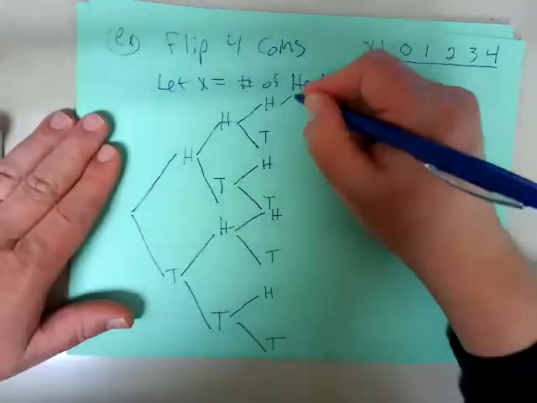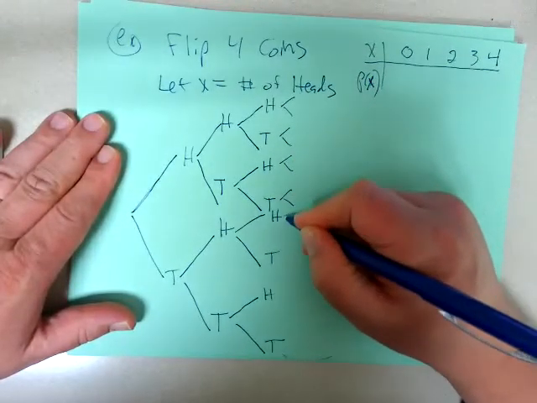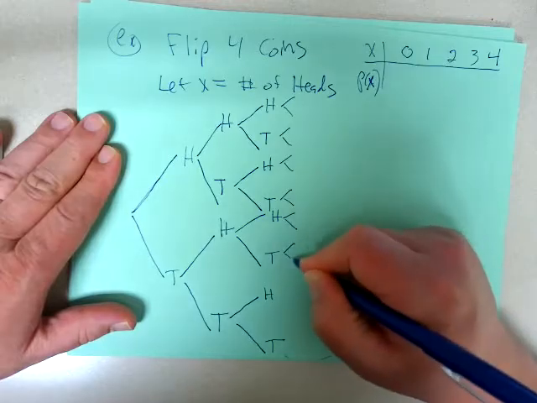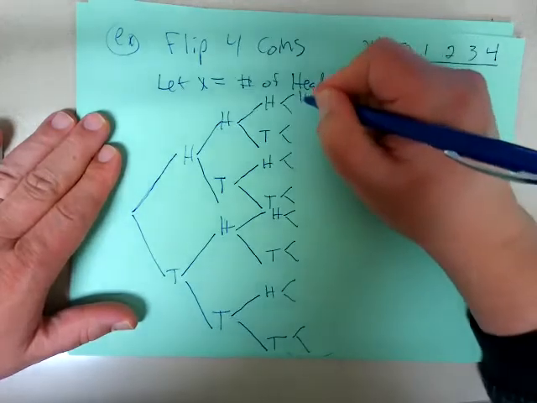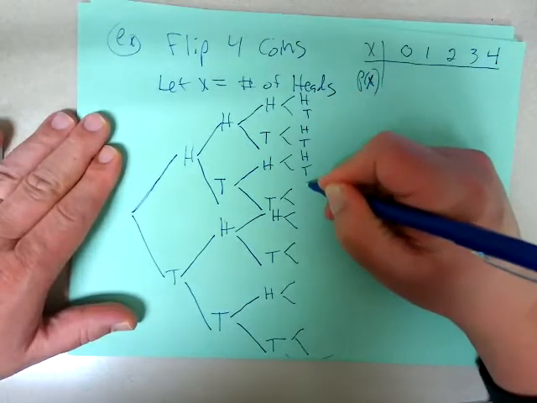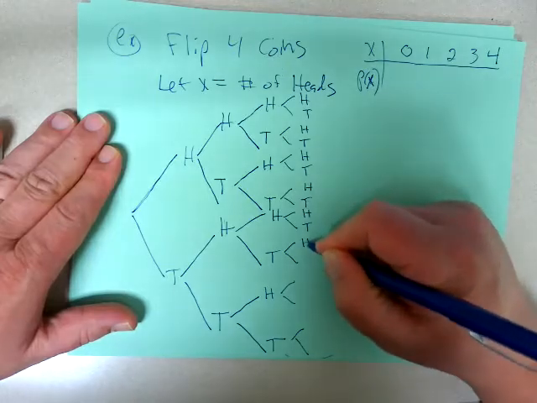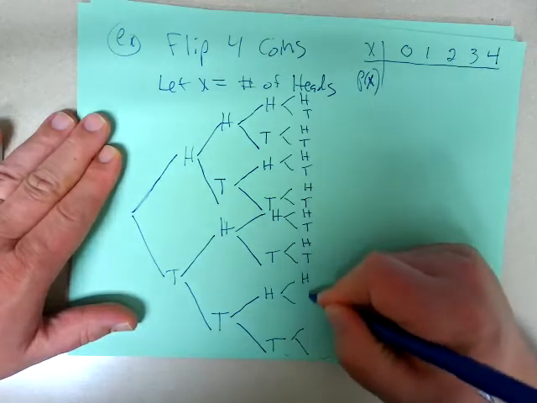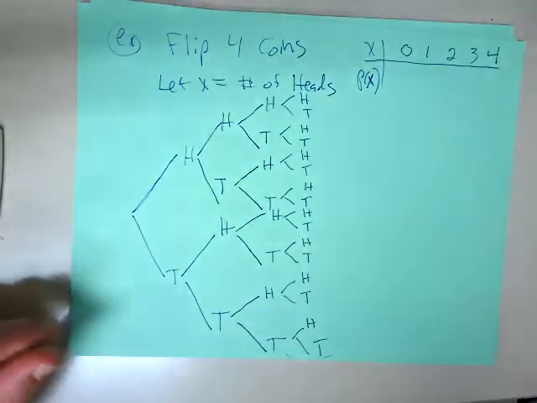And then finally, one more set of branches: head, tail, repeated across each of the branches.